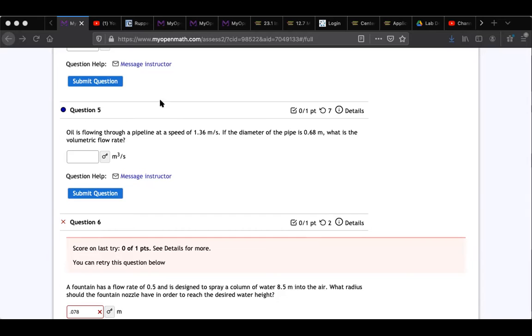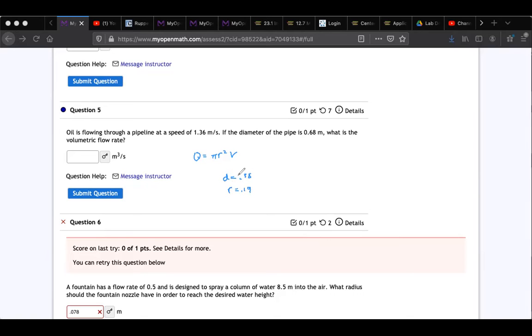I just used Q equals area times velocity, but I used pi r squared times velocity. And what was the diameter of your pipeline again? The diameter is 0.38. 0.38, and that means your radius is 0.19.